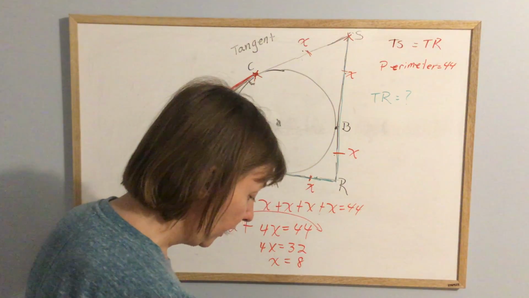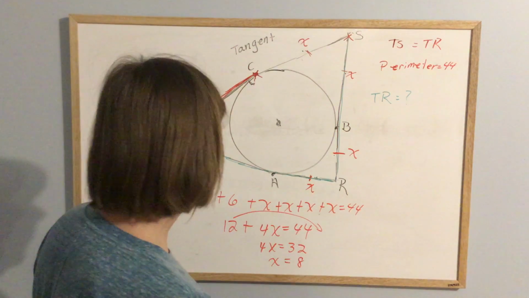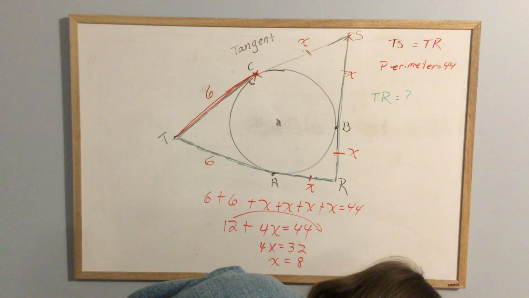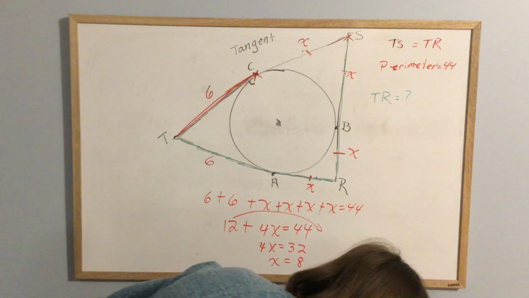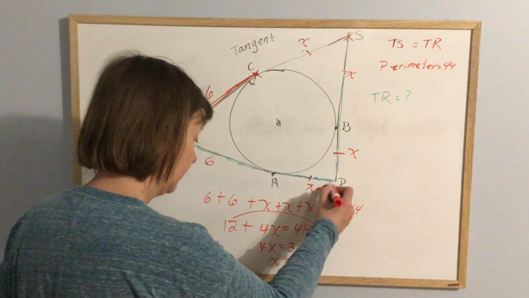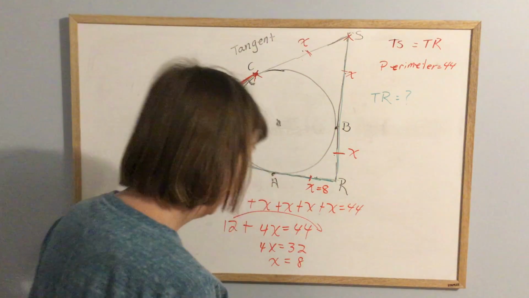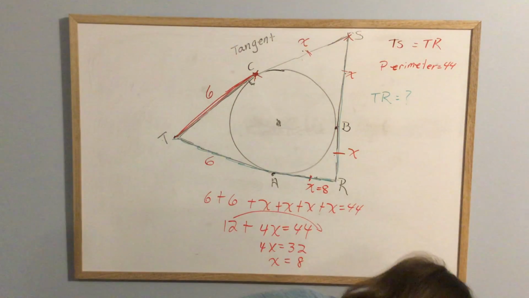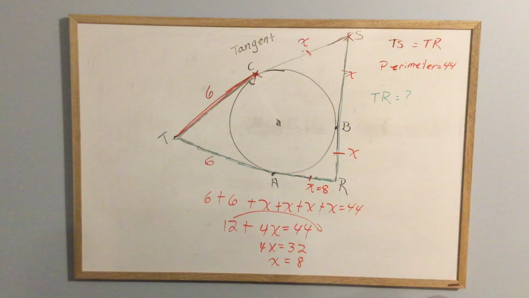And so if X is 8, if I'm right, which I think they're saying I'm not, but anyway, let's find out. If X is 8, then this is 8, and the length of the line would be 14, but they're saying 16, so let me see what I did wrong.